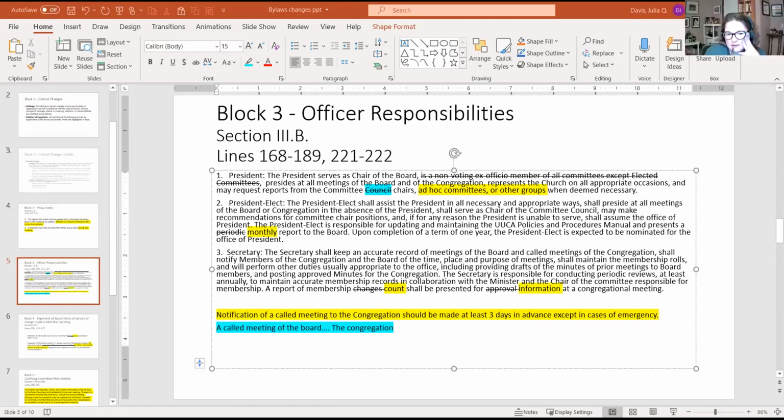We have a comment from Pam Hayward. I was just thinking if we could say chairs who are represented on the committee council or who serve as members of the committee council, if the committee council seems important in any way to mention. But I think Andy's is probably even simpler.